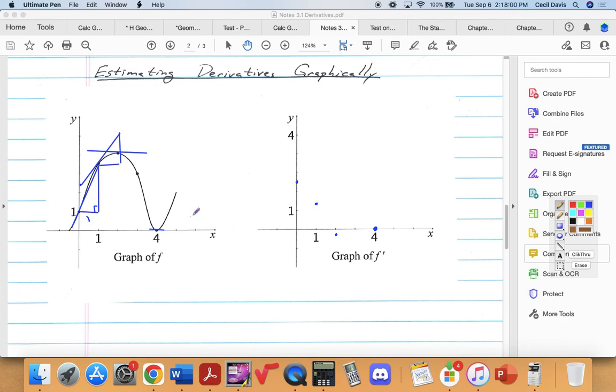When we get to 3, though, this is pretty steep, and it definitely has a negative slope. Looks sort of like that.